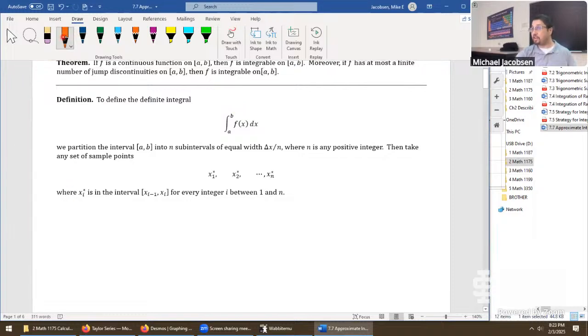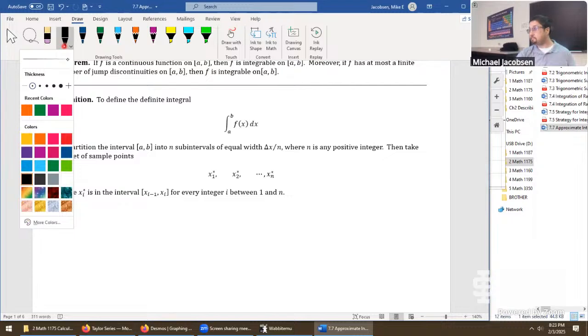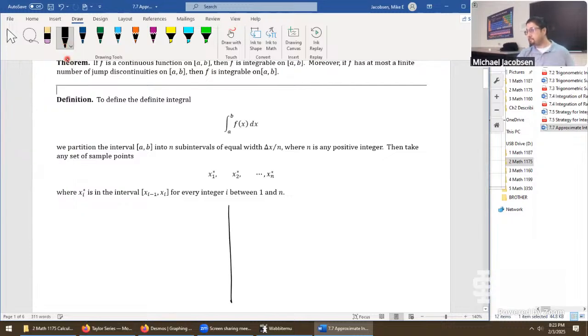Here's what the picture could look like. Let's say this is our a, just so the picture is mostly in quadrants 1 and 4, making it a little easier to look at. Here's b, for the integrand f of x. Let's say it starts up here and then does this kind of little decrease down to that level once we get to b.